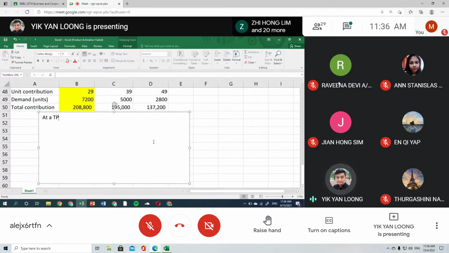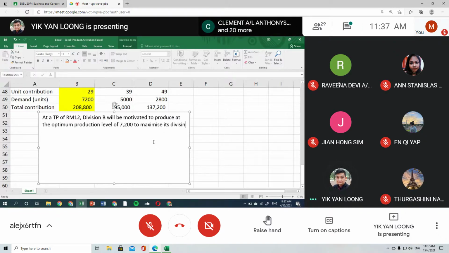At a transfer price of 12, division B will be motivated to produce at the optimum production level of 7,200, to maximize its divisional profit. This is a goal congruent decision where the overall company's profitability will be assured.